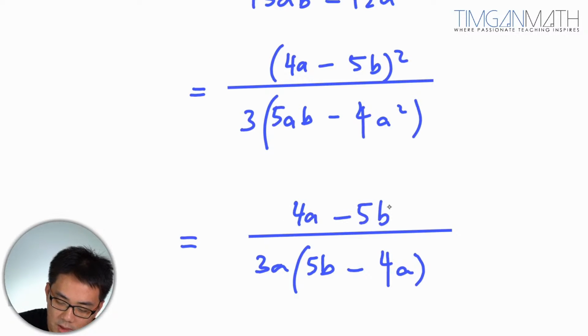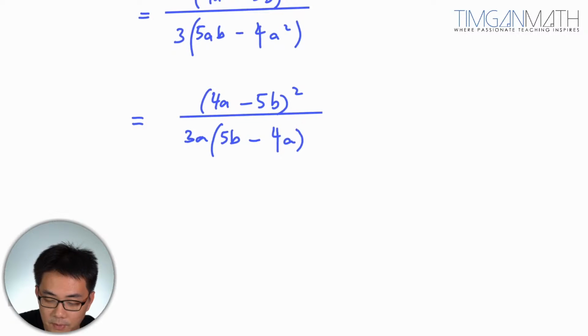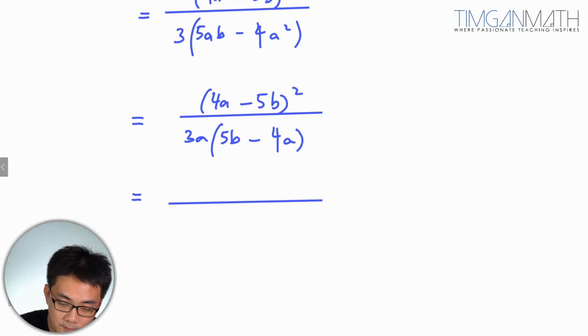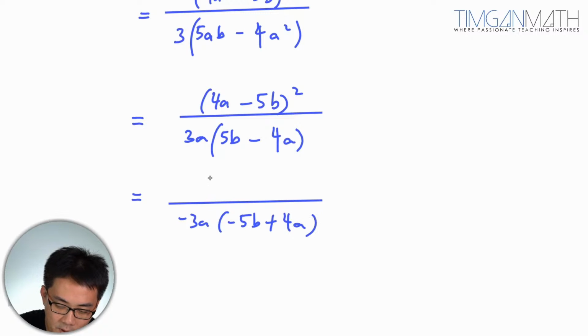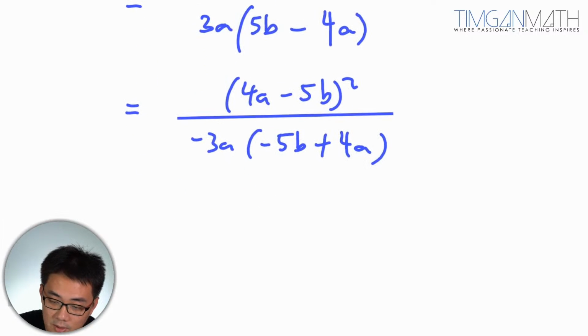Okay. Now this is an interesting one because this is 4a minus 5b, and this is 5b minus 4a. So in order for me to make this a positive number, you factorize the negative out. By factoring the negative out, just be very, very careful. Factorize the negative 1 out. This will be 4a, then the minus, 5b will just be negative. So when you take the negative out, this will be negative and this will be positive. There you go. This is 4a minus 5b squared. So similarly, this could be cancelled away.